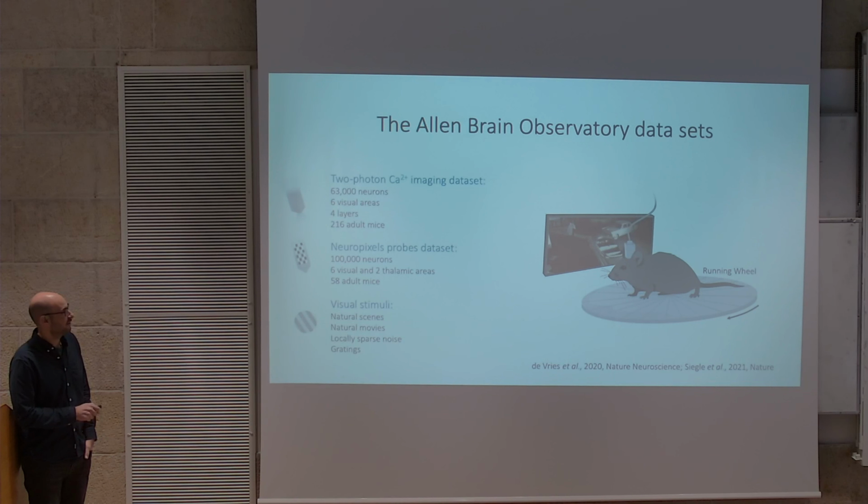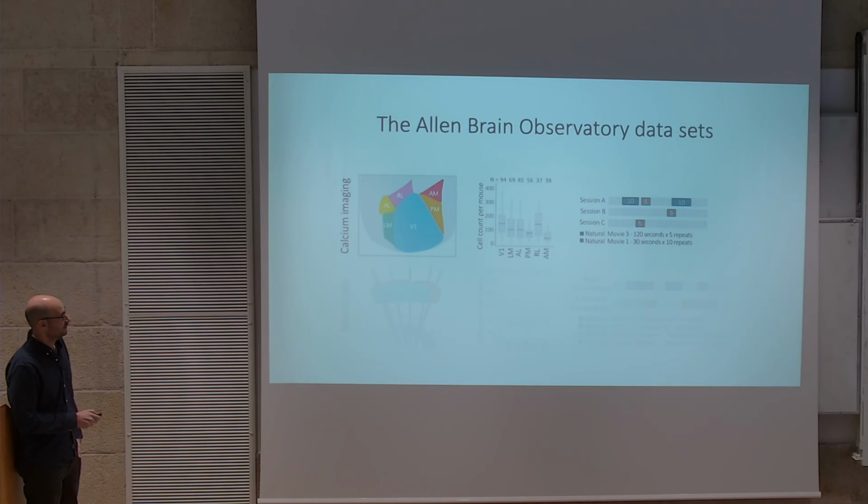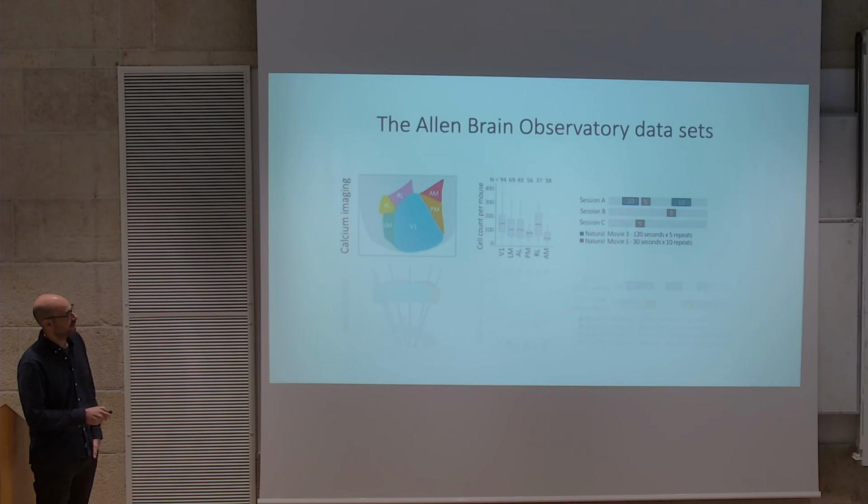The other data set is the Neuropixels data sets, again from about 100,000 neurons in 6 visual cortical and 2 thalamic areas in tens of mice. All the data I'm going to show you now is actually from analysis of natural movies. So the calcium imaging data had, as I said, tens of mice in each visual area, and importantly had 3 different sessions that occur across different days.